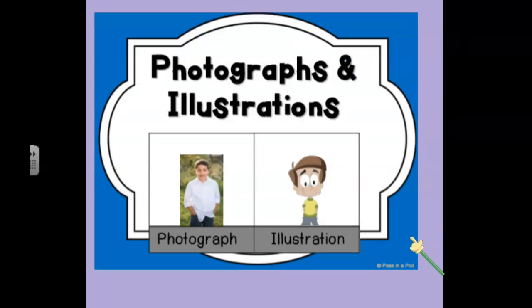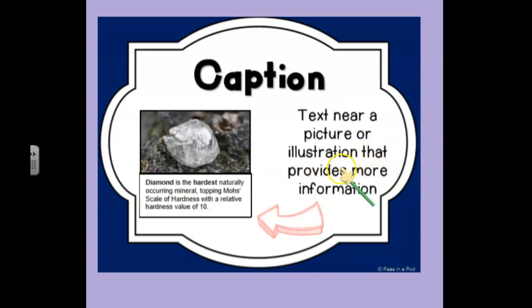Nonfiction text can have photographs or illustrations. Remember, the photographs are more frequently used, but you can have illustrations in a nonfiction text. And then the most important one I think we've learned in the last few days would be captions.